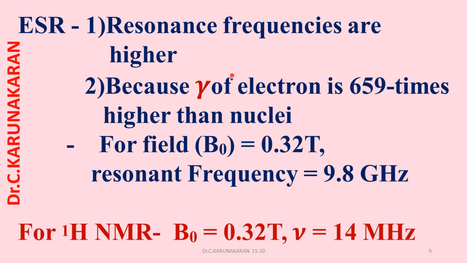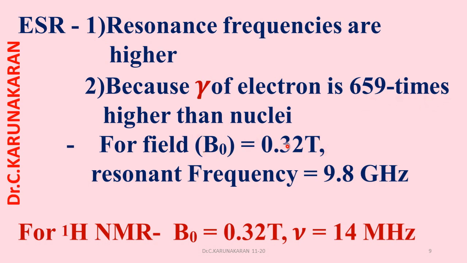As we have seen earlier, the resonance frequencies are higher for ESR. That is, microwave radiation is required, which is of higher energy than radio waves. It is because the gyromagnetic ratio gamma of the electron is 659 times higher than that of the nucleus.